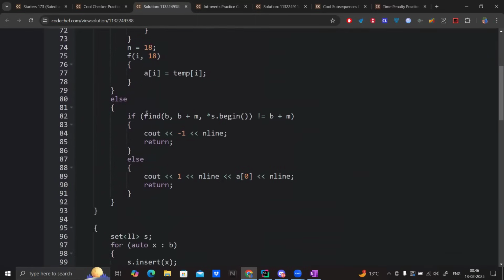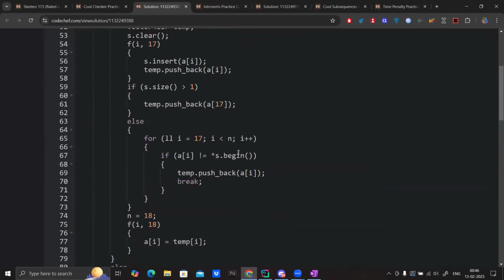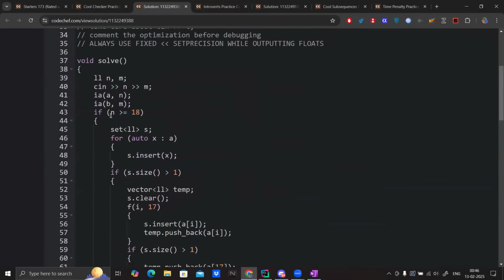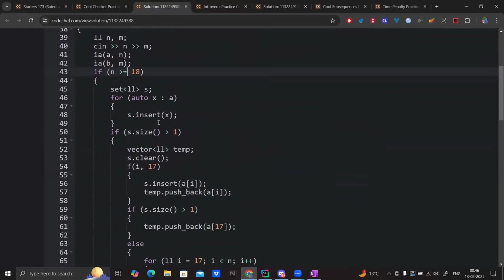If all elements are same, then I will check whether that element occurs in B or not. If it occurs in B, then I just print -1, and otherwise I just print the one length subsequence of that. But now what if there are more than 18 elements and not all of them are the same?